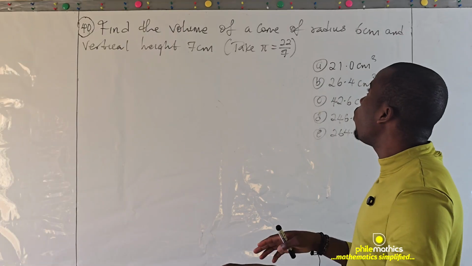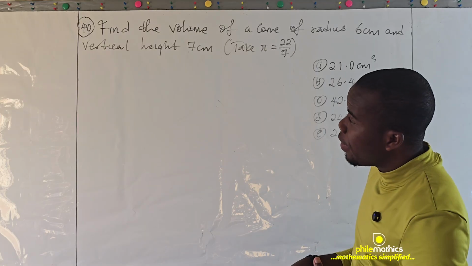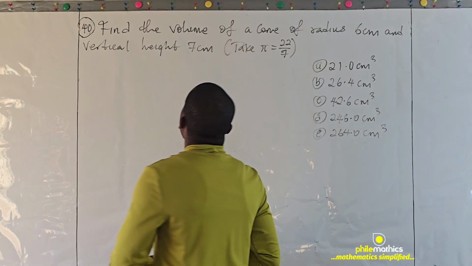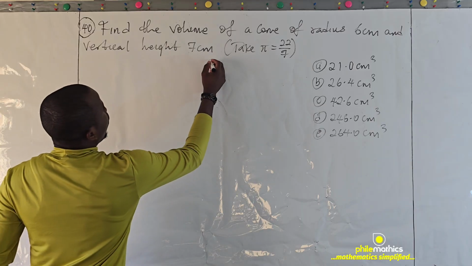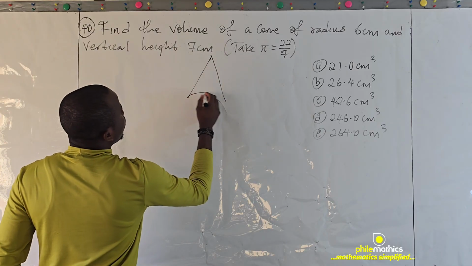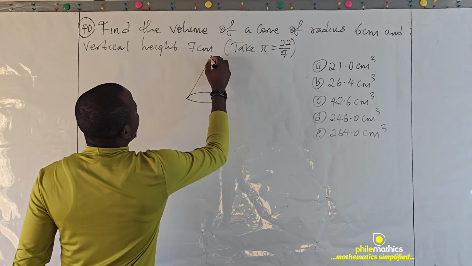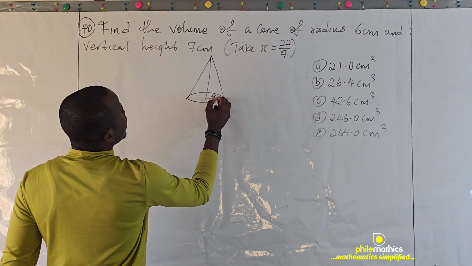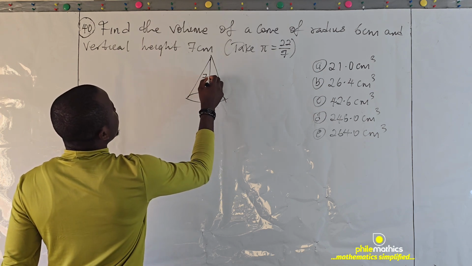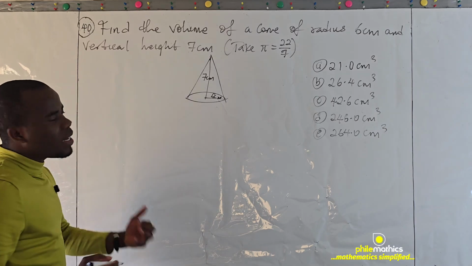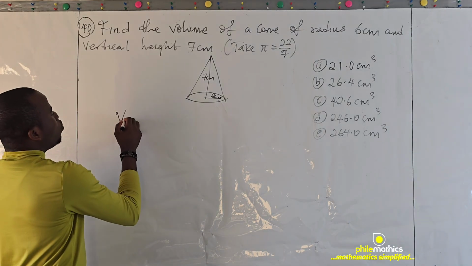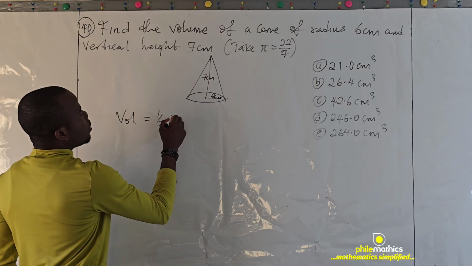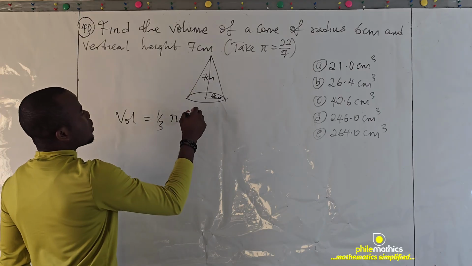Find the volume of a cone of radius 6 cm and vertical height 7 cm. So, if we have a cone, we have the vertical height and the radius, 6 cm, 7 cm. We are interested in the volume. Recall that the volume of a cone is 1/3 base area, which is pi r squared, times height.